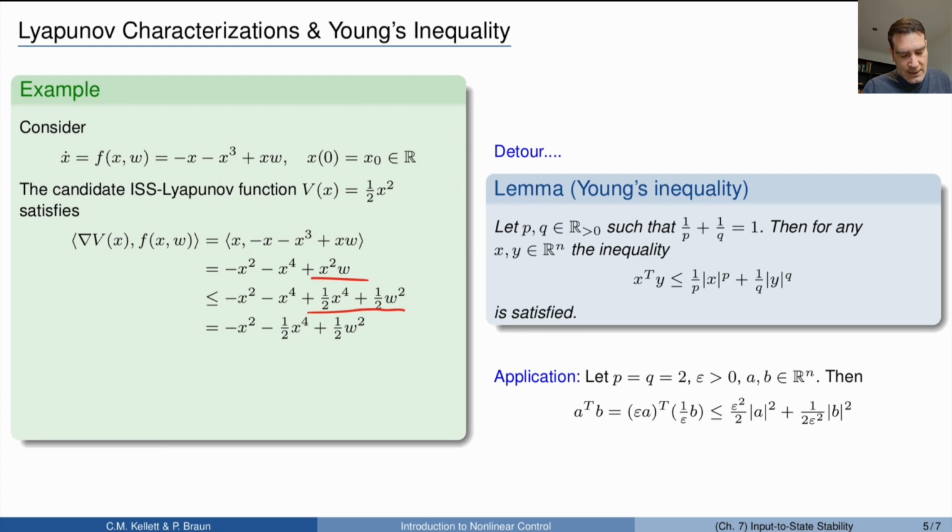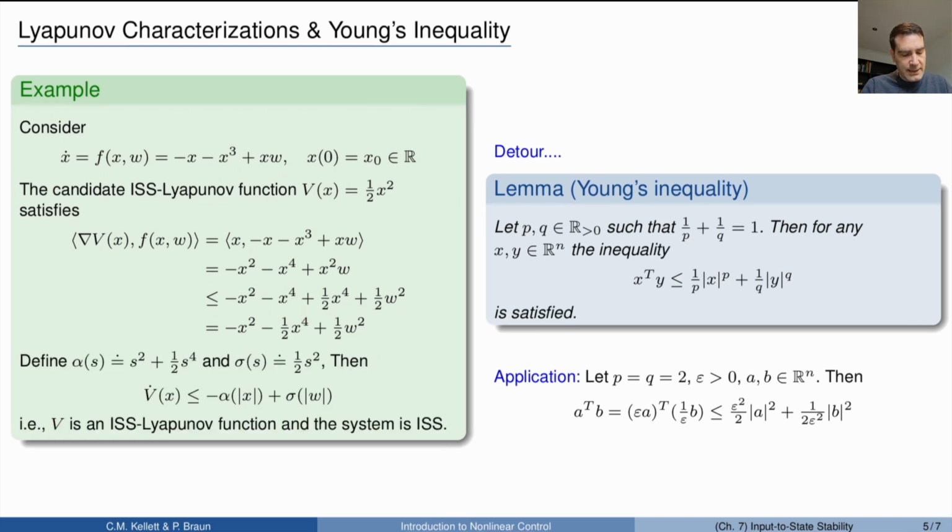And we can simplify these two terms, which means now we end up with an expression which we were after: one term only depending on x and having the right sign and the right powers, so minus x to the power 2 and minus x to the power 4, and we have one term only depending on w, so the disturbance.